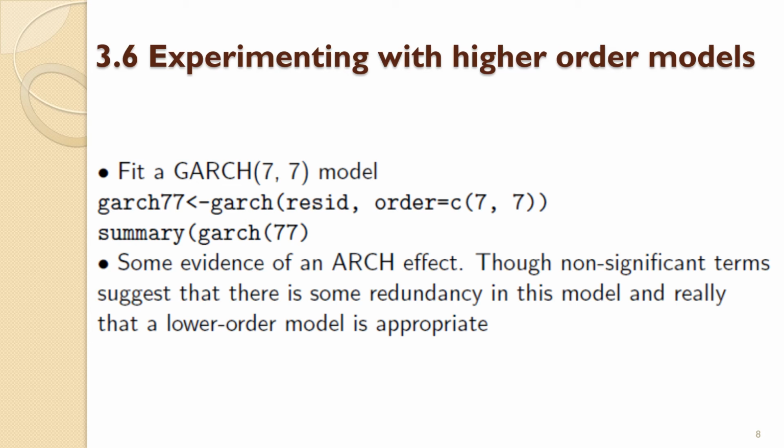Now the point here is that the GARCH(7,7) model might make sense in this instance because it would allow for the possibility that volatility over the previous week feeds forward and affects today. Okay, if you didn't have this interpretation, then really it wouldn't make much sense to fit a GARCH(7,7) model in this case. So it's a hard model, it's pushing against the limit of what you can reasonably expect students to do here.